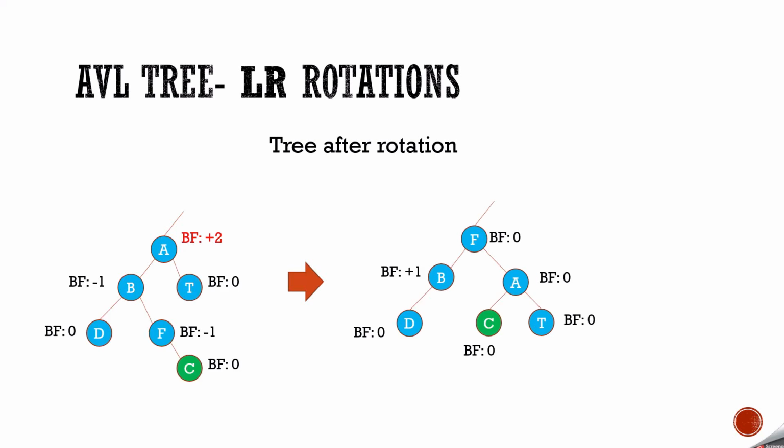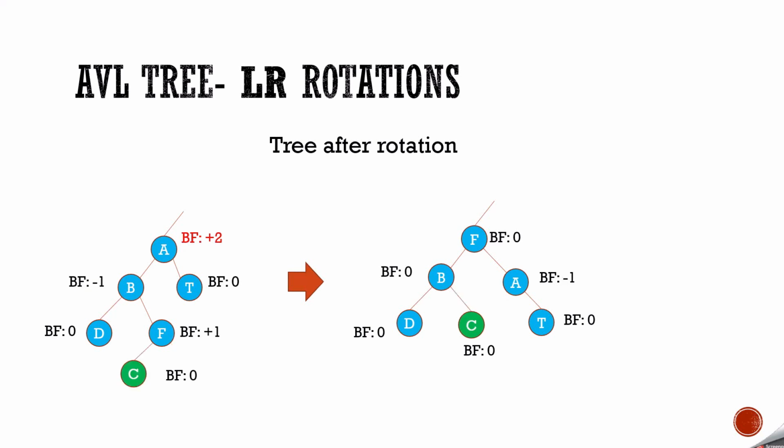Similarly, for the other type of tree, the grandchild is F. So F becomes the new root of that subtree, A becomes the right subtree of that new root, and C is attached as the left subtree of A. You only have to consider the updating of the balancing factors for three nodes: the node, the left node, and the grandchild. I am going to discuss it in a later part.